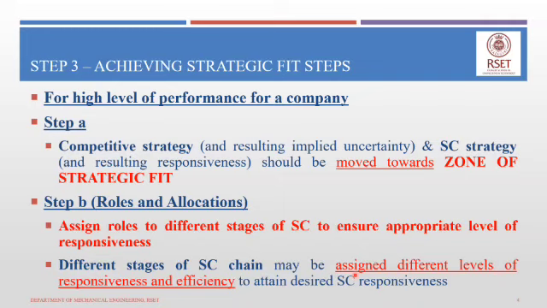To understand step B in more detail, we'll take the help of examples. We'll move on to the coming slides, and then we'll understand how we can allocate different levels of responsiveness for different supply chain stages so that the appropriate level of responsiveness for the entire supply chain is achieved.